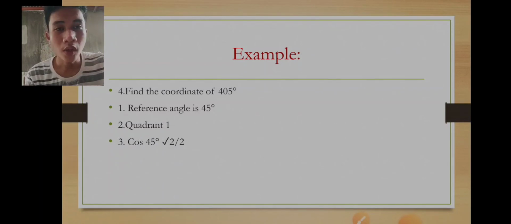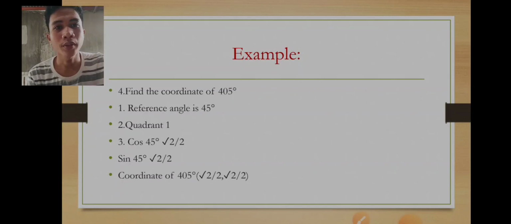So the coordinate of 405 degrees is square root of 2 over 2 and square root of 2 over 2.